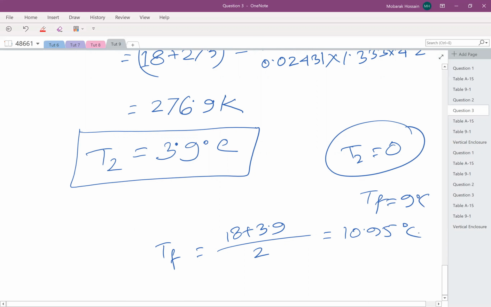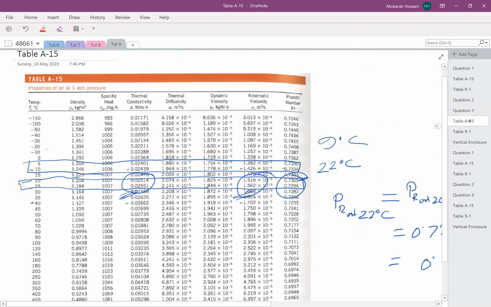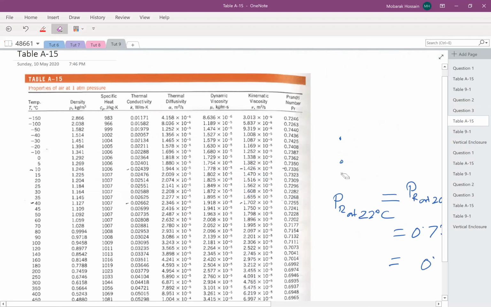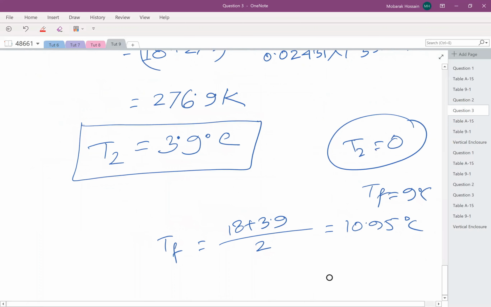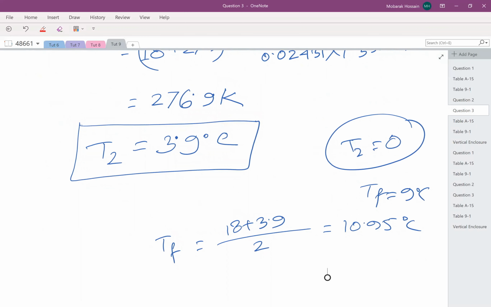Now if you go to the tables, for 9 degrees and 10 degrees, our properties will be almost similar. That's why we don't need to recalculate again. We can accept this answer. So the temperature of the outer surface is 3.9 degrees Celsius. This is our answer.